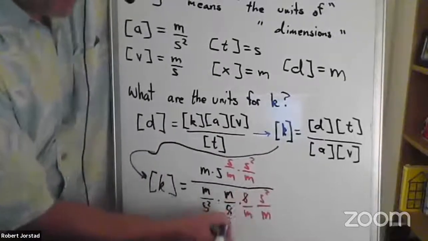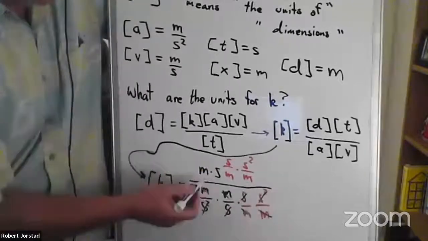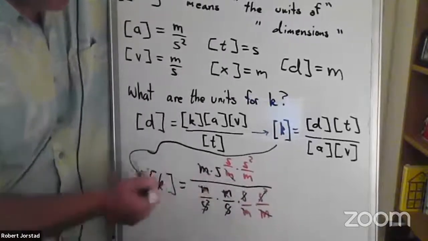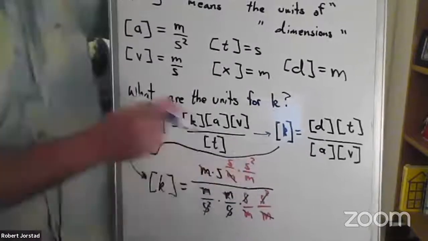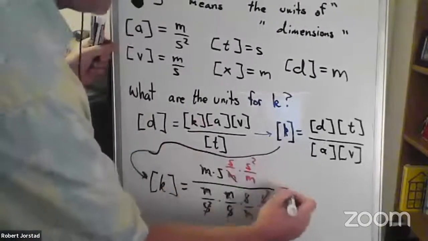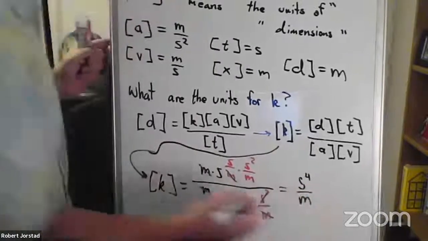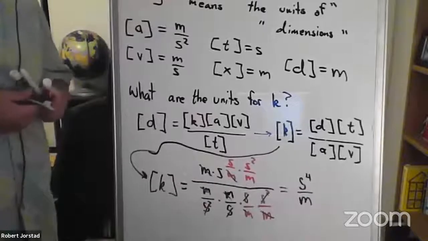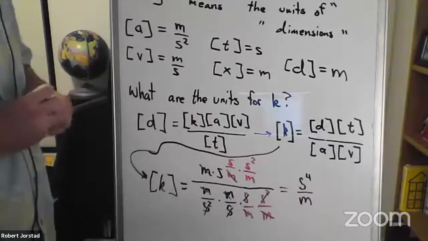Okay, seconds drop out, meters drop out, seconds squared drops out, meters drop out. Now on top, one of the meters drops. I get seconds to the 1, 2, 3, 4 over meters. So does everybody agree that K is seconds to the 4th per meter?